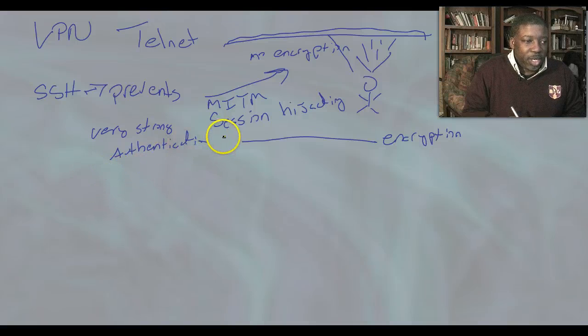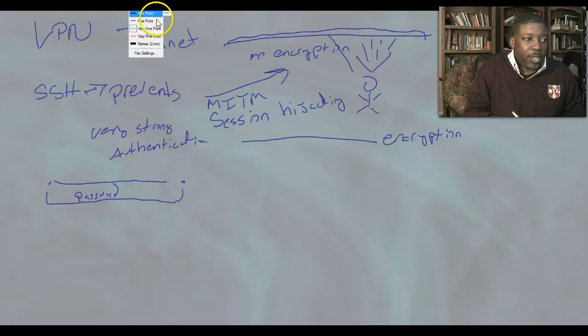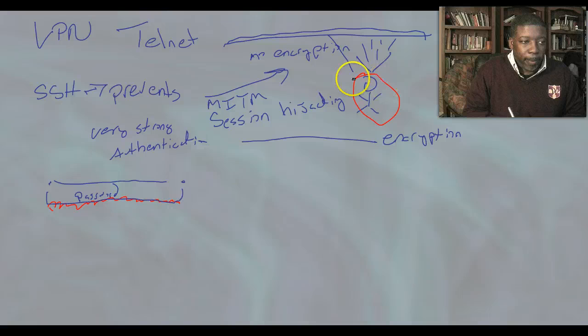So let's say you have this point and this point, and you send your password; that actually sends the password separately as an encryption. Let me go to my trusty red, because I like to use red for encryption. It's encrypted. So this guy right here, in this case, he really can't see anything.